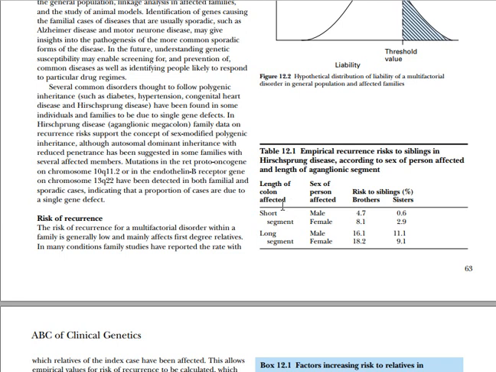Hirschsprung disease is divided into two: short segment Hirschsprung disease and long segment Hirschsprung disease, with different ratios in the epidemiology of males and females. Brothers are going to have more Hirschsprung disease than sisters, in a ratio of 4:1 in short segment disease. In long segment disease the ratio becomes lesser, about 2:1 for brothers and sisters.